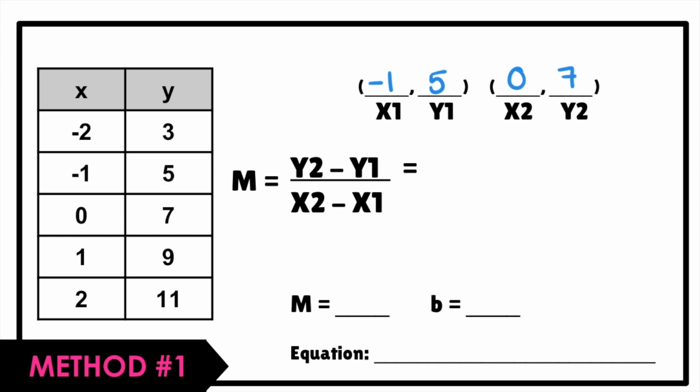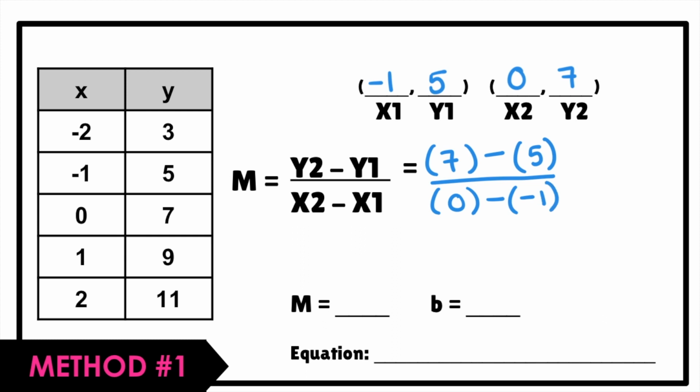Now I'm going to substitute these values into the slope formula. To make sure that I don't have any issues with my negative signs, anytime I substitute a value into the slope formula, I use parentheses. So I'm going to start with my value for y2 minus our value for y1, dividing that by our value for x2 minus our value for x1.